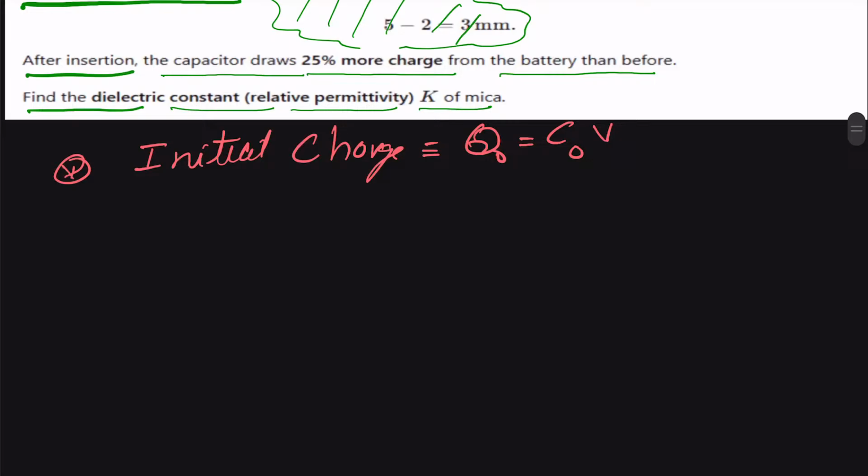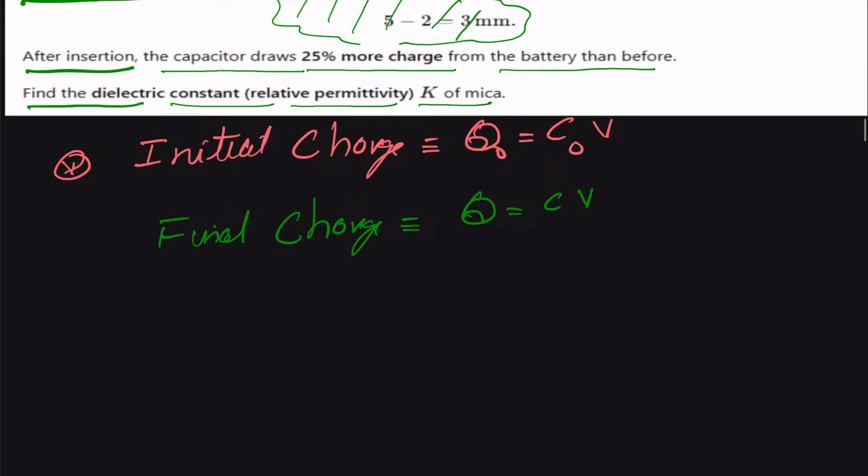let us call it Q naught, will be equal to the initial capacitance times voltage, and the final charge is, let us suppose, Q. Then Q is equal to the capacitance, which is going to change because the mica sheet is inserted, times the voltage, which is going to remain the same.